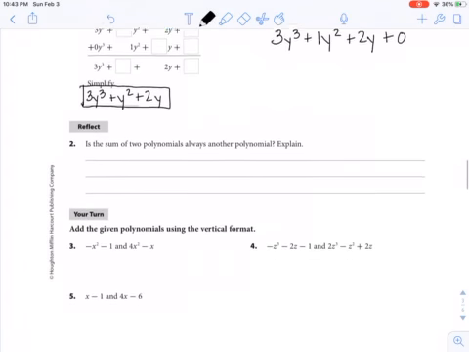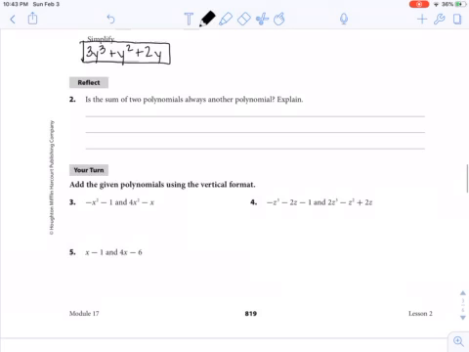Okay, so let's continue to scroll down. We're at the bottom of 819 now. And we're actually going to look at number 3. And let's do 3 and 4. Okay, so if I set this up, I'm going to have negative x squared plus 0x minus 1. And then when I write my second polynomial, I'm going to have 4x squared minus x plus 0.